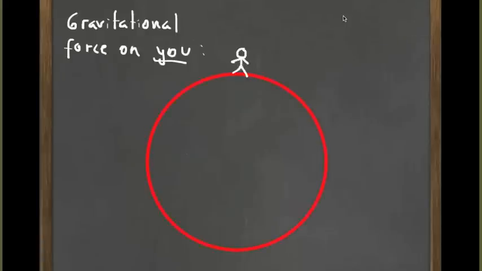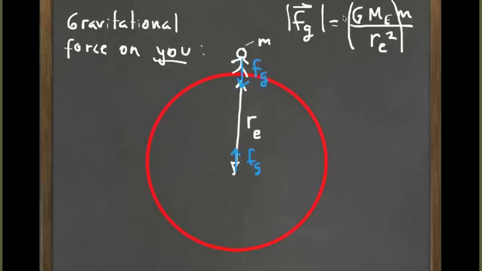Now let's talk about the gravitational force on you, a person standing on the surface of the Earth. You are at a distance equal to the radius of the Earth from the center of the Earth. You experience a force Fg, which according to Newton's universal law of gravitation is equal to G times the mass of the Earth, divided by the distance from you to the center of the Earth, which is the radius of the Earth, squared, times your mass.